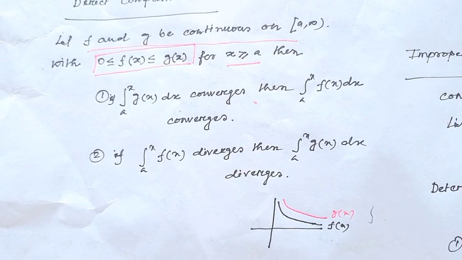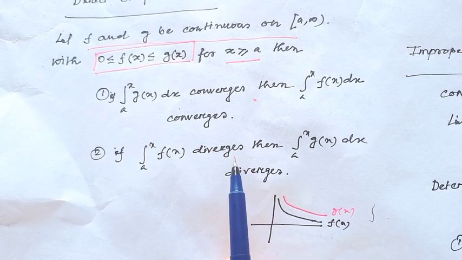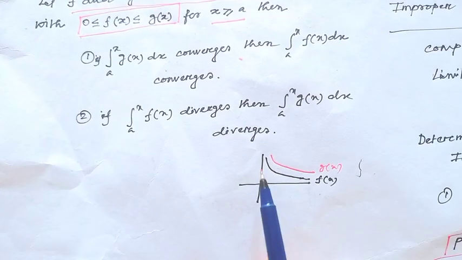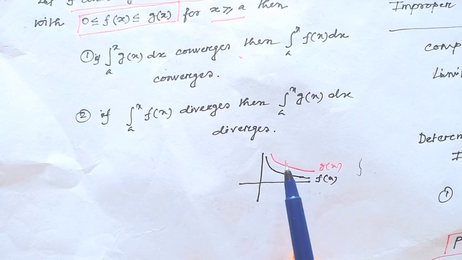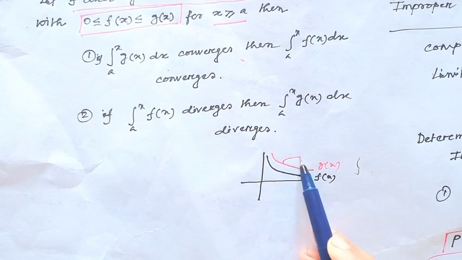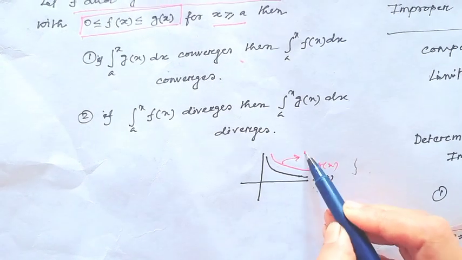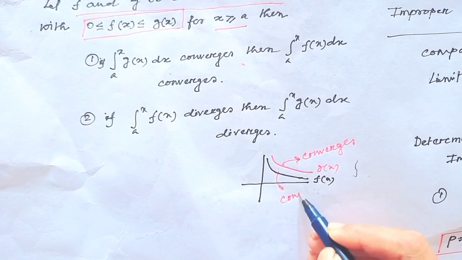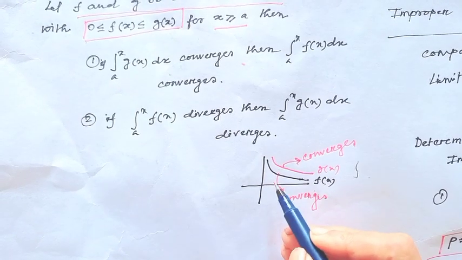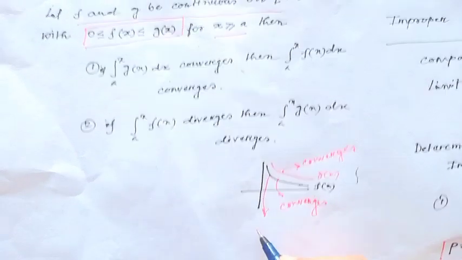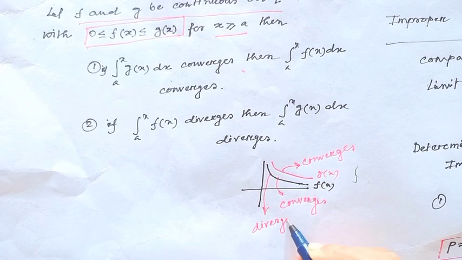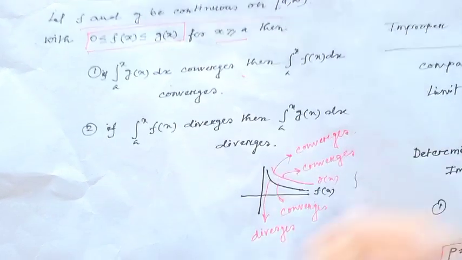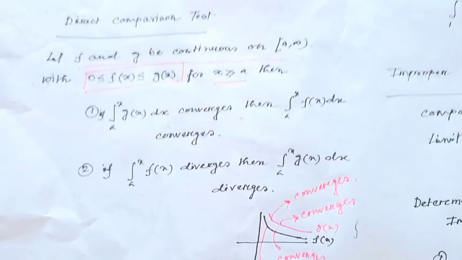Second: if integration a to infinity f(x) dx diverges, then integration a to infinity g(x) dx diverges. This is the picture, this is f(x) and this is g(x). If the top function g converges, then that implies the middle f(x) always converges, or if the middle function f(x) diverges, then that implies the top function g(x) always diverges. This is the statement of the comparison test.